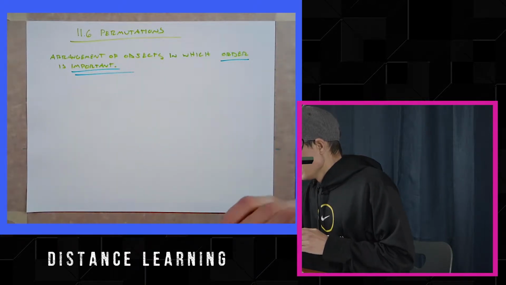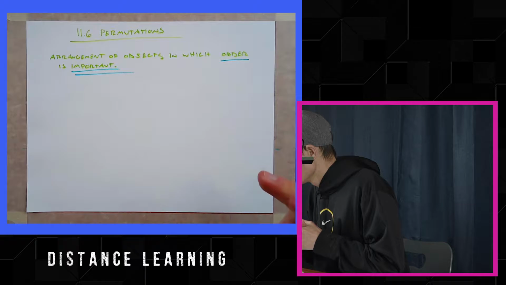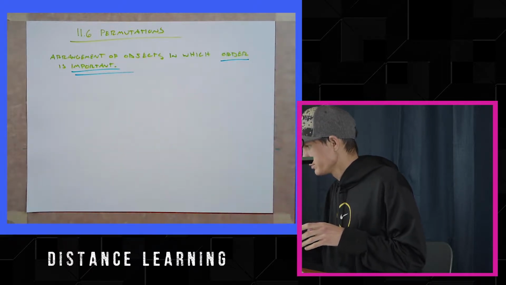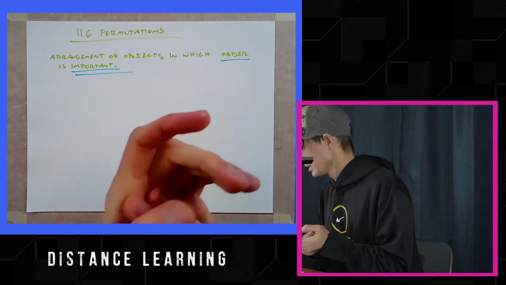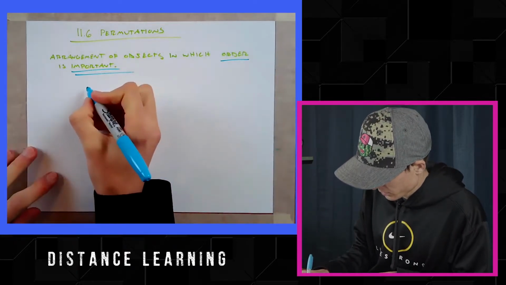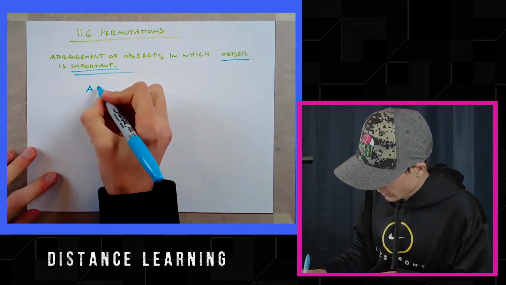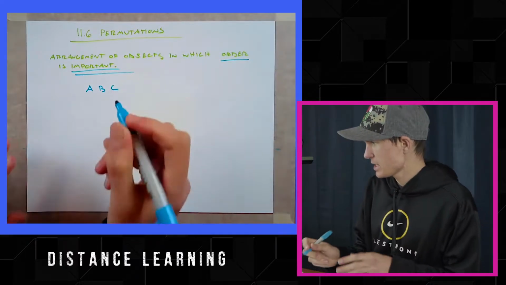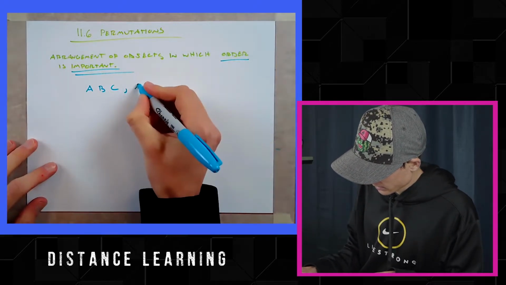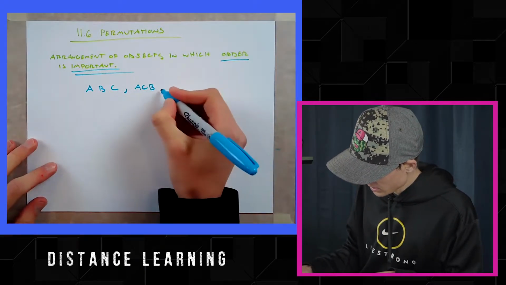So, for example, what the book says. An example I'm gonna do so it makes sense. If you have the letters A, B, and C, I could have letters like that. I could have ACB.